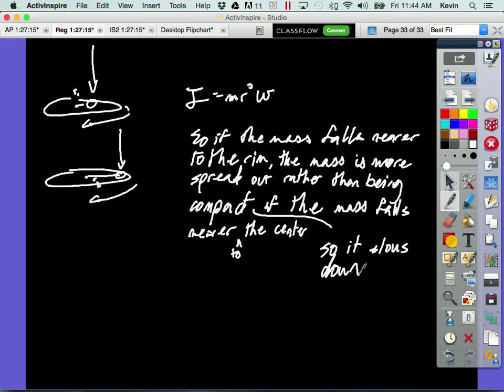Maybe it ties into arrangement, because the R is bigger. If you have 2 over 3 and then 2 over 4, that's like 66, and this is like 50.